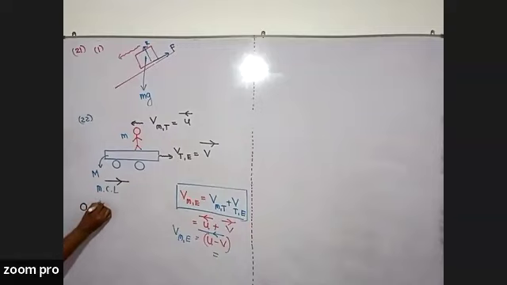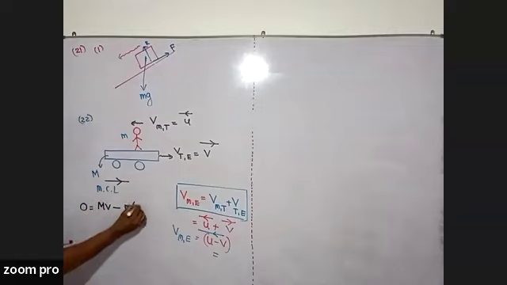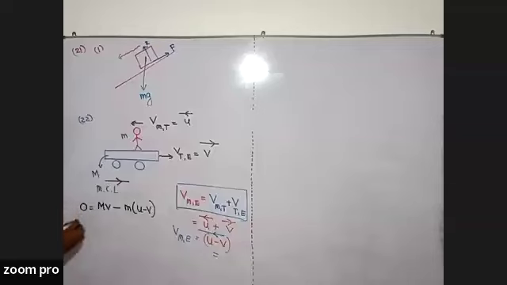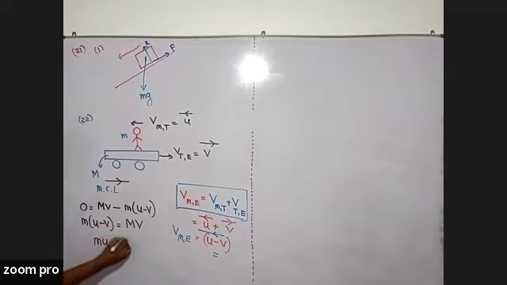0 equals Mv minus small m (u minus v), right? If I further simplify it, taking this term to the opposite side, that is m(u minus v) equals capital M v. Then mu minus mv equals capital Mv.